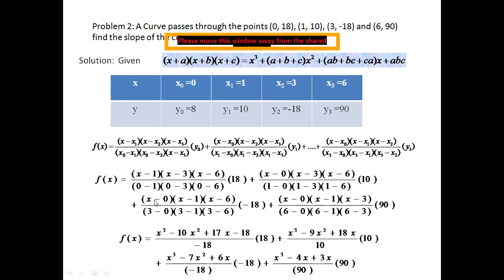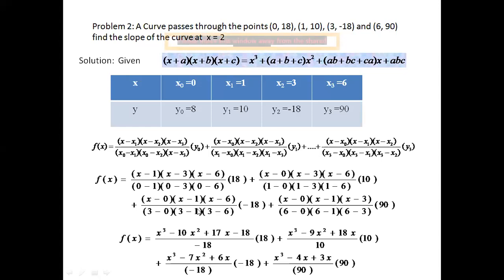Similarly, the next term is again in the form. When you write a polynomial of this type, every term will be of this type, x plus a into x plus b into x plus c. Using the formula, you expand it. First you write x cube, that's for the third term. Then a plus b plus c, that means minus 0 plus minus 1 plus minus 6, that is minus 7 into x square.